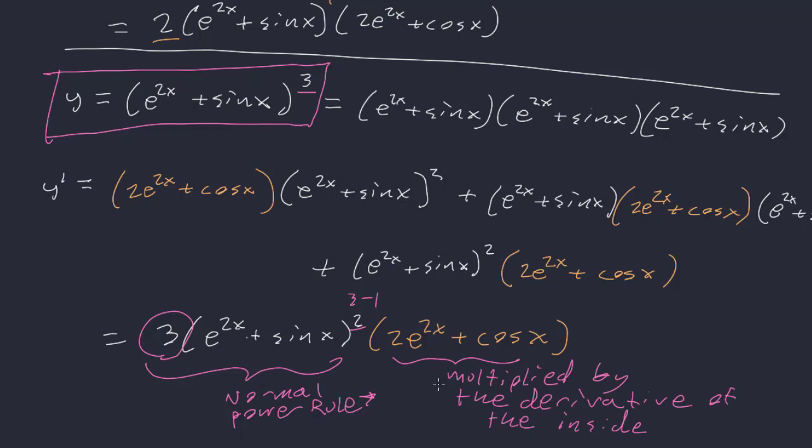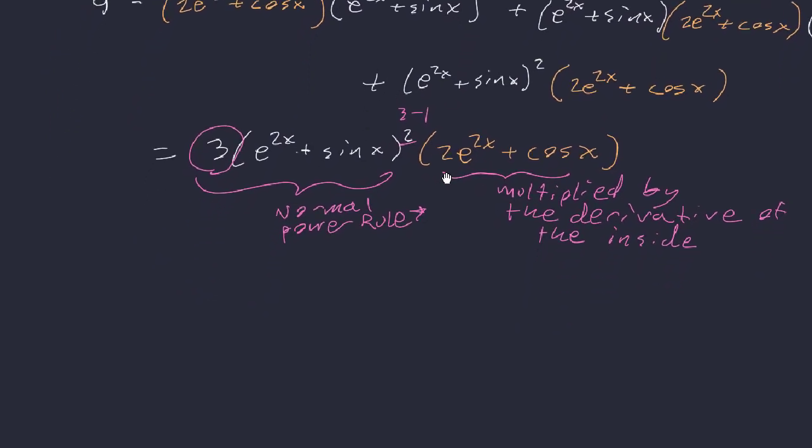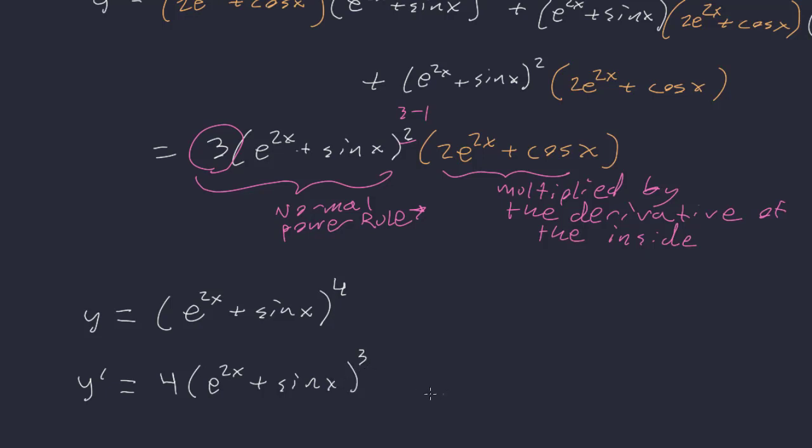Okay, so we might suspect, based on what we saw here, that if y was, let's say, (e^(2x) plus sine x) to the fourth, that the derivative going through the same process should be 4(e^(2x) plus sine x) to the third times the derivative of the inside, 2e^(2x) plus cosine x.